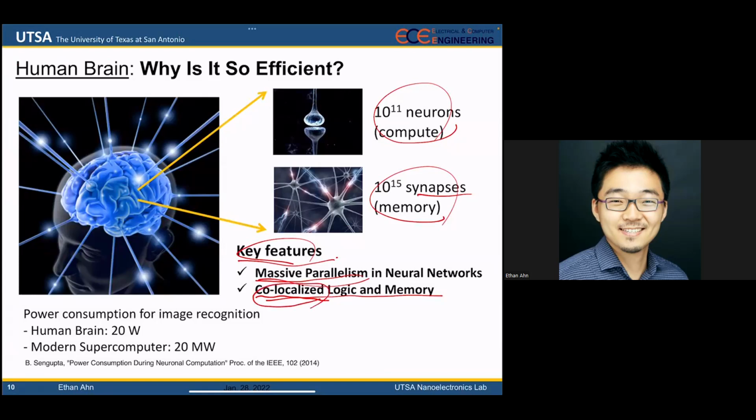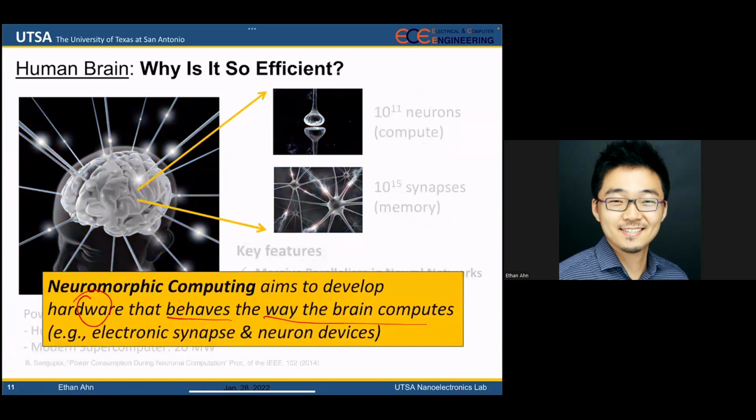It's not like our conventional computer, where we have separate physical sections: computing units, and separate memory units connected by a bus. It's not like that. They are all co-localized and distributed in our brain, and that's why we can do these interesting things in a very power efficient manner.